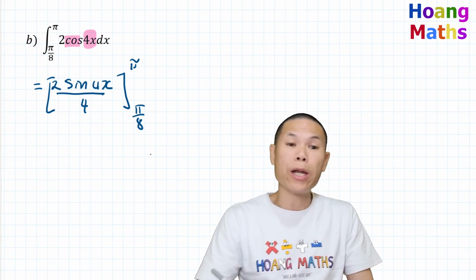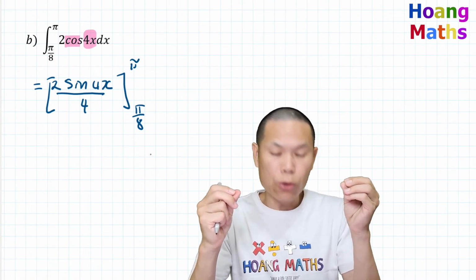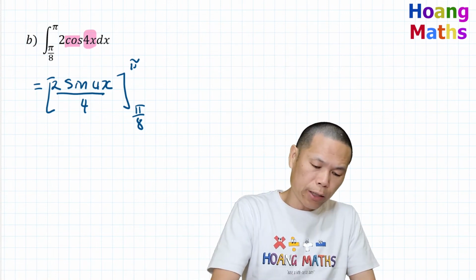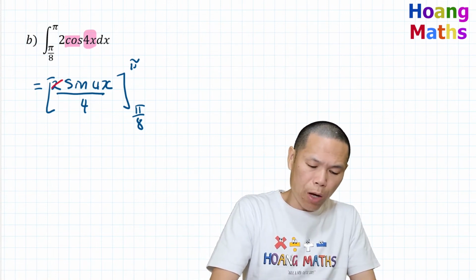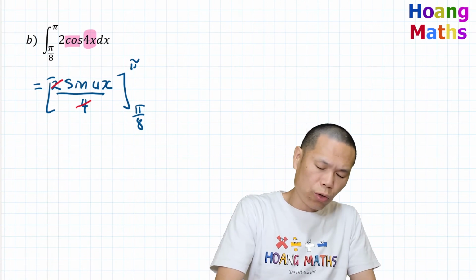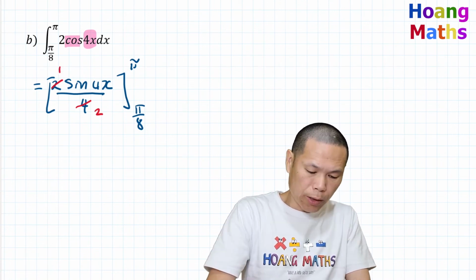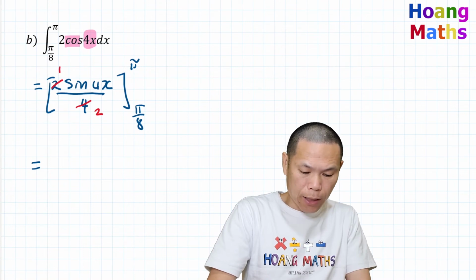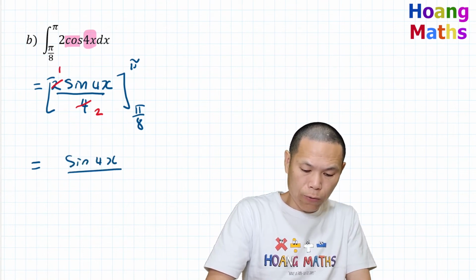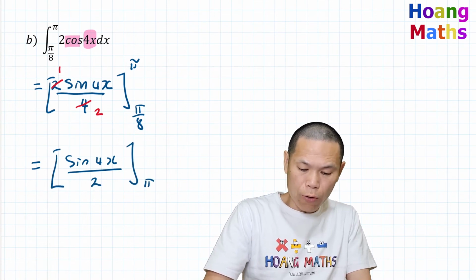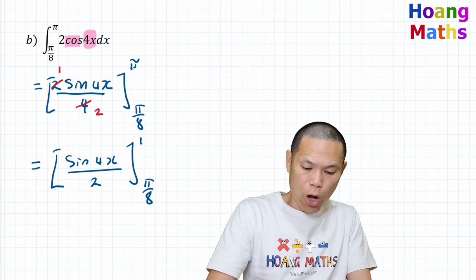Before I do anything, I need to simplify this first. Let's make it easier, that's all. I can just divide both top and bottom by 2. 2 divided by 2 is 1, and 4 divided by 2 is 2. So this is exactly the same as sine of 4x over 2, from pi over 8 to pi.